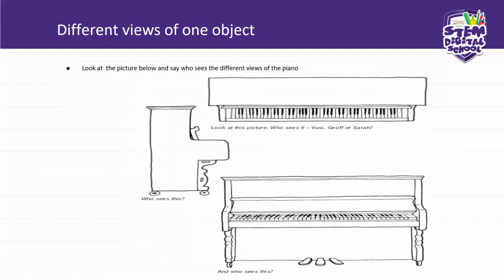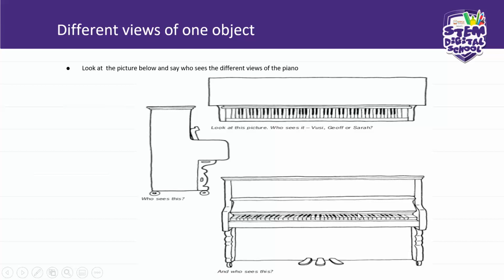Let's label them. Let us start by labeling these sides, these views, okay? This is the front view. Somebody who is standing in front of the piano sees this only.